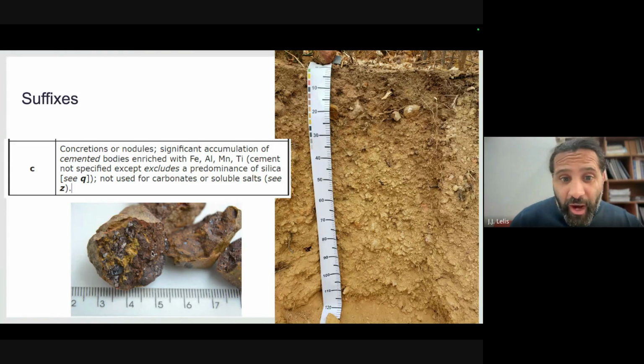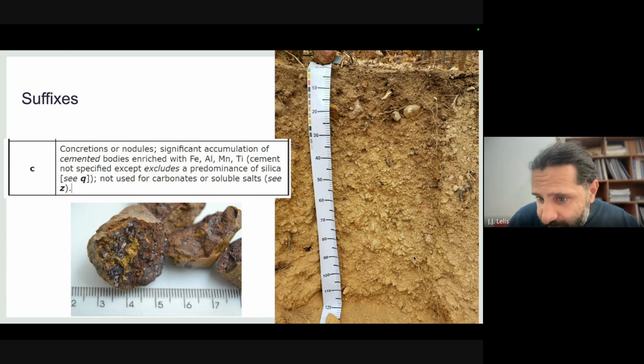Soils that register a high content of concretions or nodules, like this one, you can see that all these pebbles and gravels are not rock fragments, they are concretions. Okay, in this specific case, it's quite hard for agriculture, for pasture, for any other kind of land use, because it's quite hard for roots to grow in some areas.